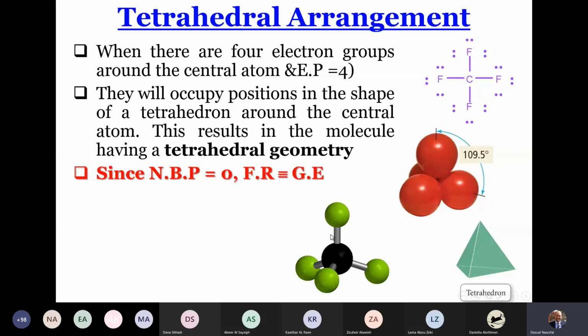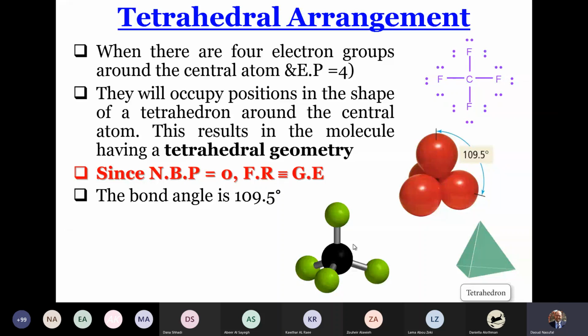This is the central atom, around it we have 4 outer atoms, and the figure of repulsion with respect to the central atom is like a tetrahedron. So the structure is tetrahedral and the geometry is tetrahedral. The bond angle in the tetrahedral form is 109.5.